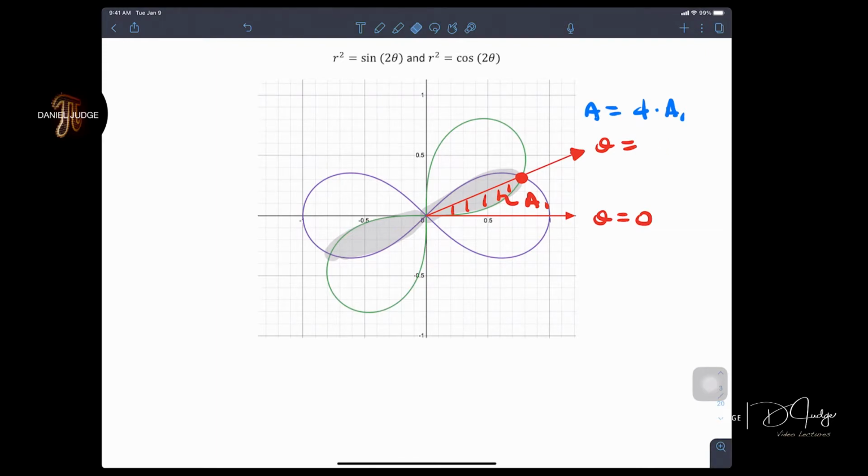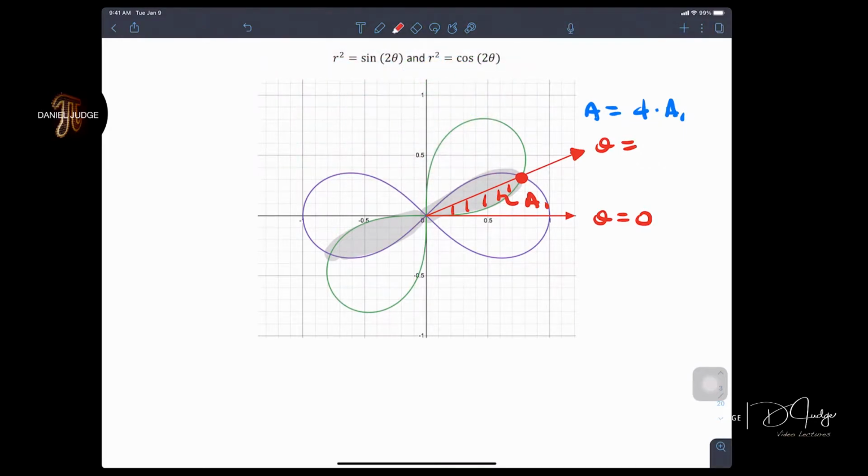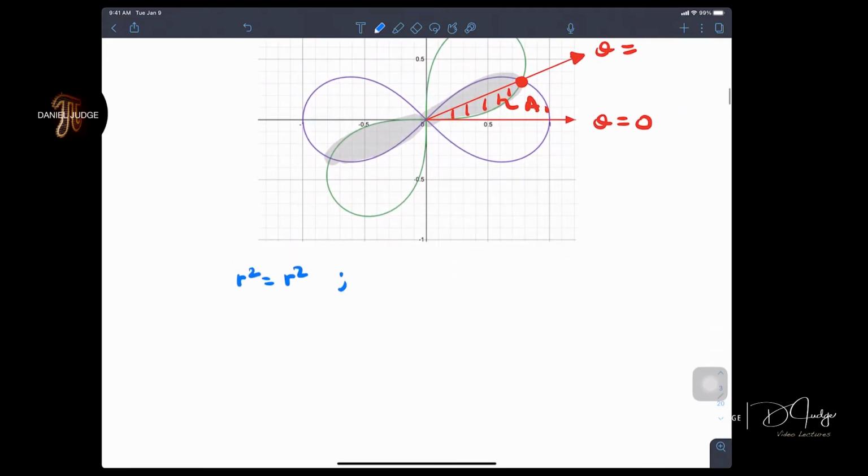Now, how you find theta is by finding the points of intersection. You're going to take both curves here. r squared is sine 2 theta. r squared is cosine 2 theta. So you set the curves equal to each other, meaning r squared will equal r squared, which means sine 2 theta will equal cosine 2 theta.